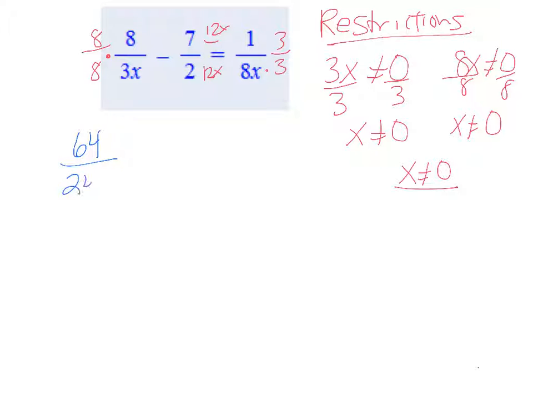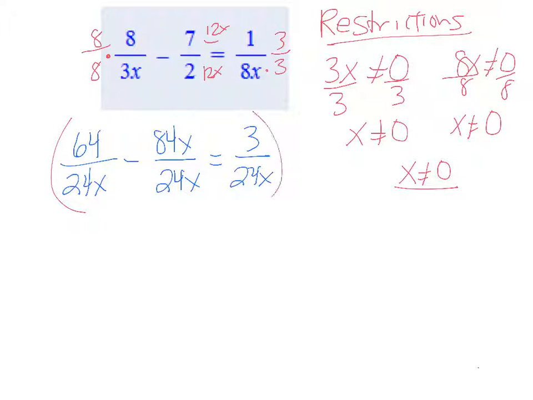All right, so then what we end up with is 8 times 8 over 24x, minus 7 times 12x, which is 84x over 24x, equals 3 over 24x. And since I have the common denominator now, I can take every single term times 24x, and when it gets distributed, every one of those divide by 24x's will cancel.